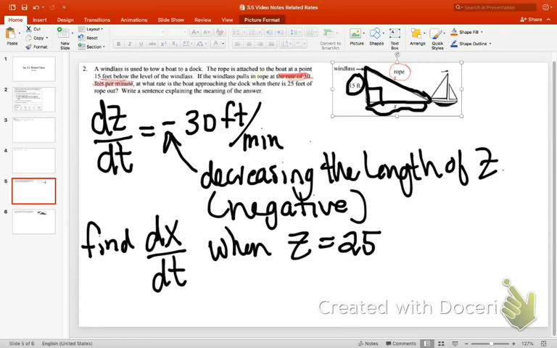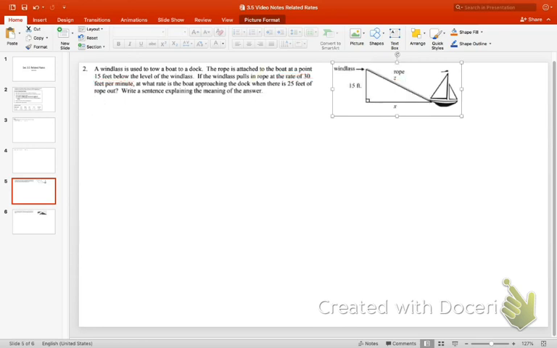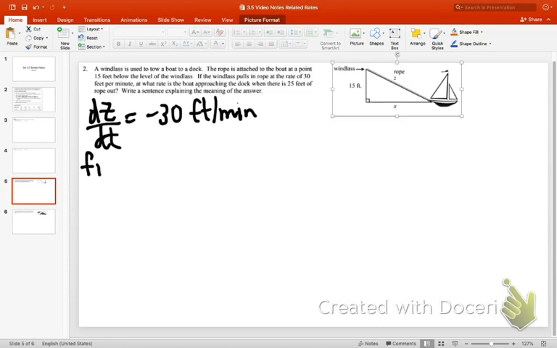I'm going to go ahead and erase this just to give us some space. So right now we currently know we have dz dt is negative 30 feet per minute. We're trying to find dx dt when z is 25, and we need to use our formulas to connect the information together.